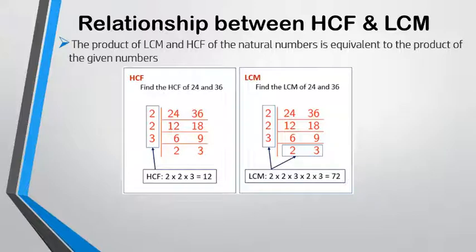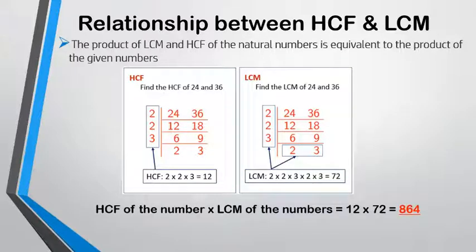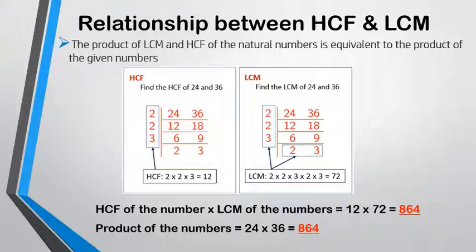When we multiply those, 2 into 2 into 3, we get 12. And the LCM of 24 and 36 is 72. So the HCF into LCM is 12 into 72, which is equal to 864. And the product of the numbers is 24 into 36, which is equal to 864.